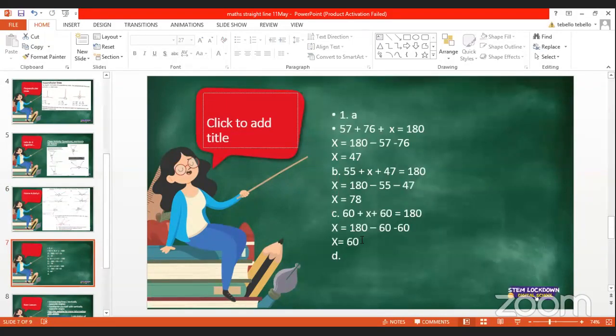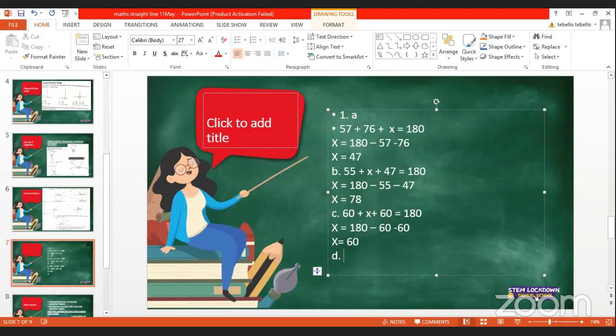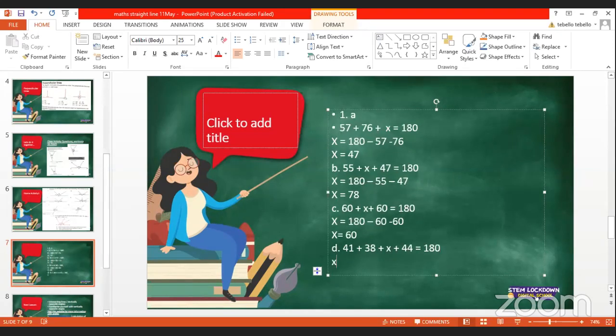We have 41 degrees plus 38 degrees plus our x plus our 44 equals 180 degrees, and then we'll have our x equals 180 degrees subtract 41.